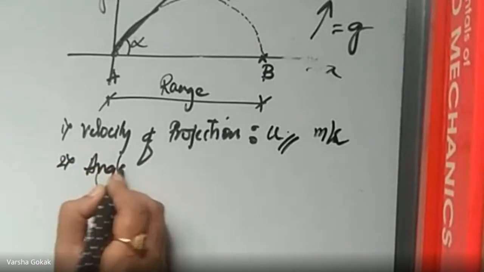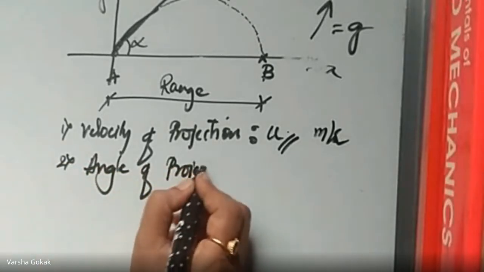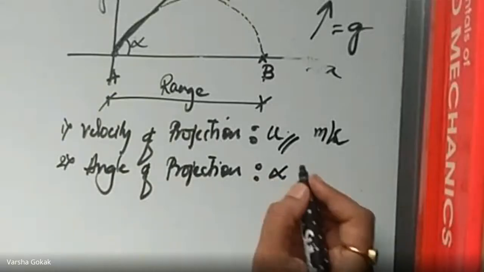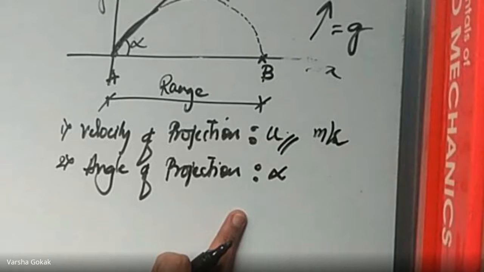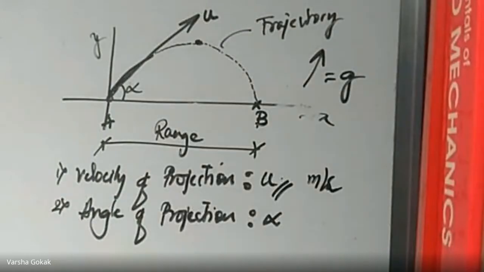Who can tell me? These all things I have drawn in the diagram. Alpha. Alpha, correct. So can you define what is the angle of projection? Look at alpha and tell me what it is. The angle between the direction of projection and horizontal direction.